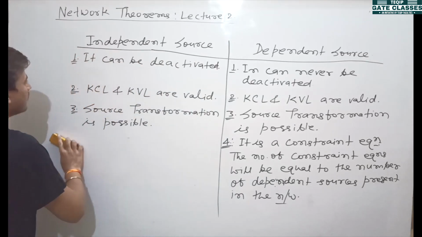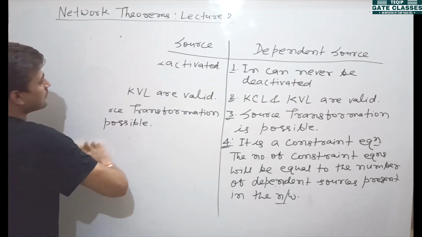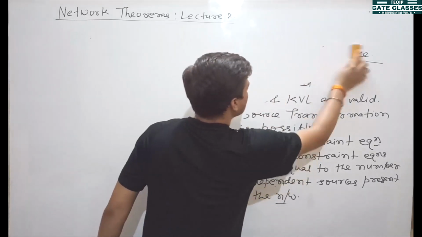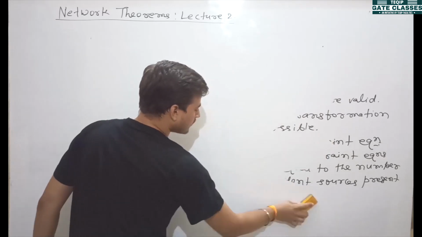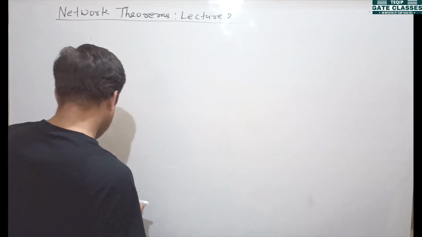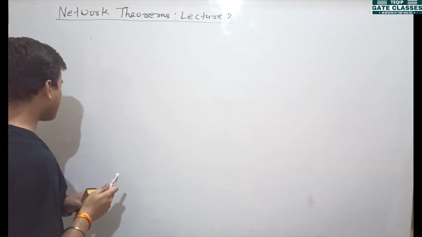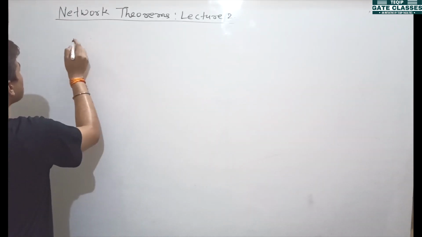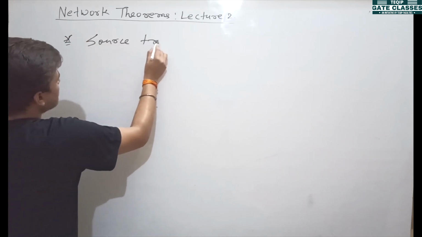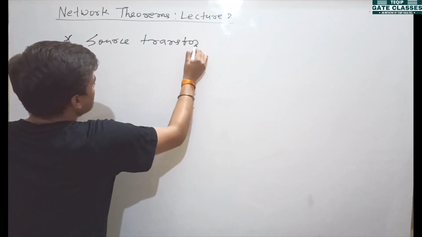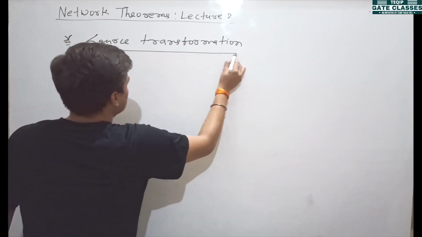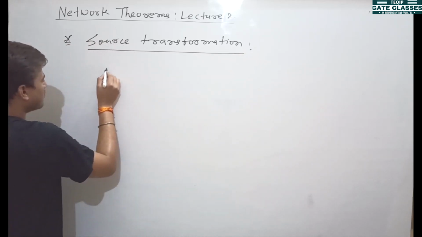Next let us see source transformation, and then we'll discuss how to write the constraint equation of dependent source. What is source transformation?